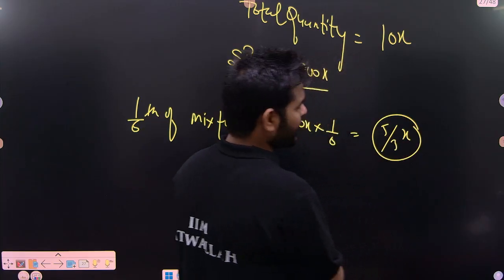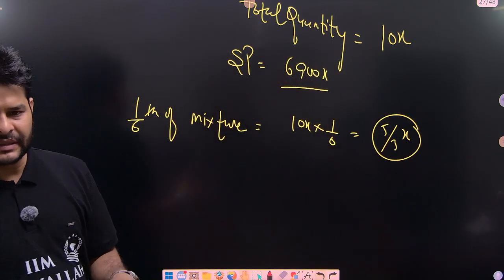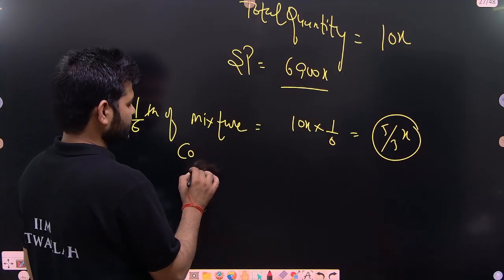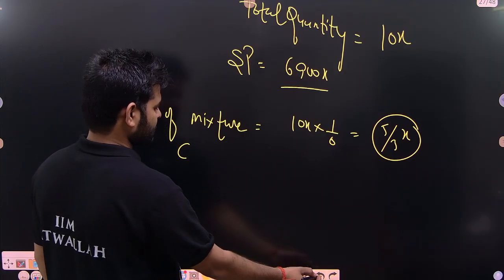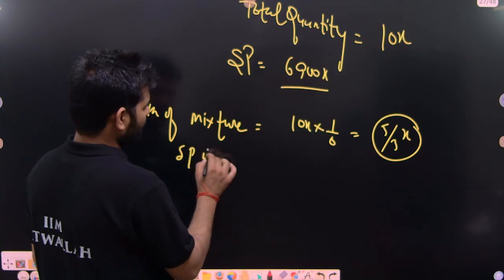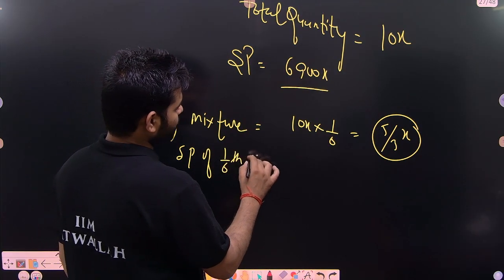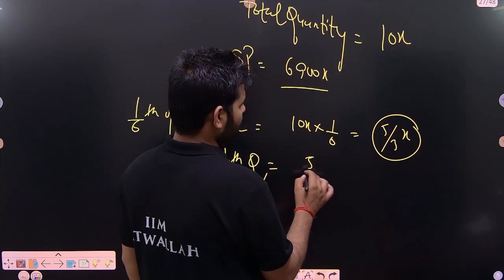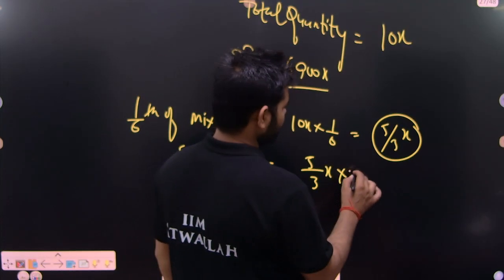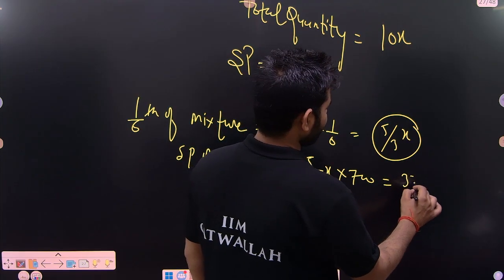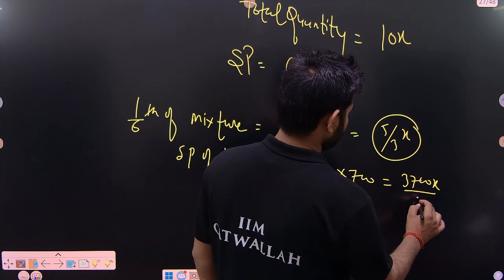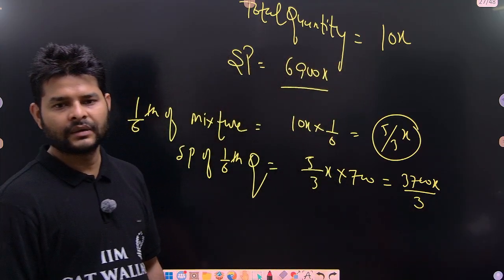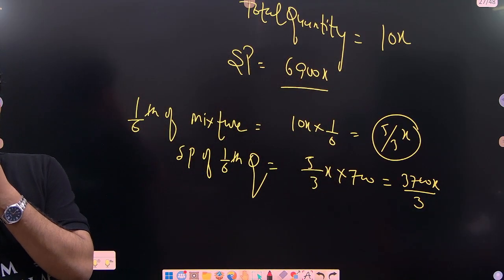This mixture has been sold at 700 per kg. So SP of 1/6 quantity would be 5/3x into 700. That would be 3500x upon 3. Clear?